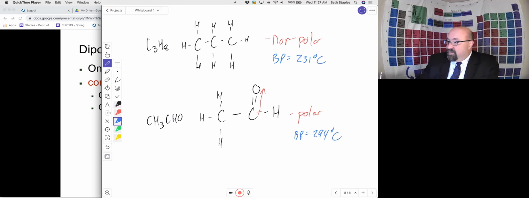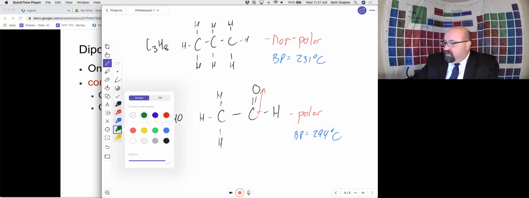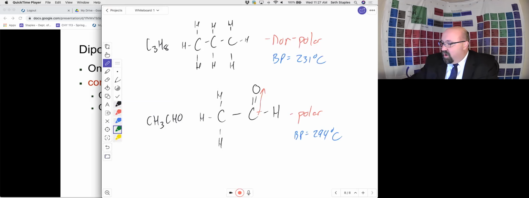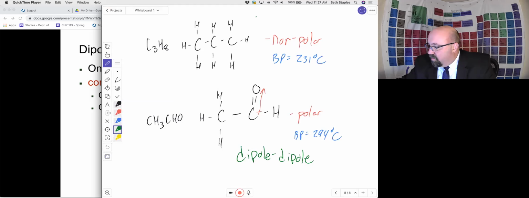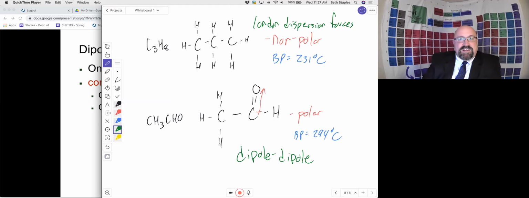But the presence of this dipole means that in this molecule here, CH3CHO, we have dipole-dipole interactions, which are stronger than the London dispersion forces that exist in C3H8, which is propane gas.